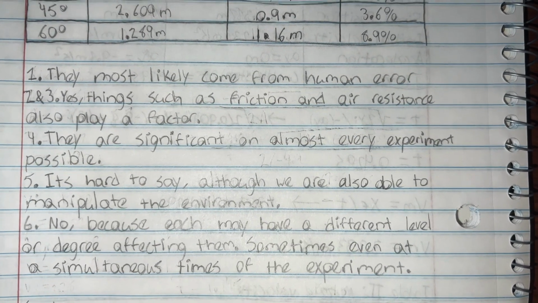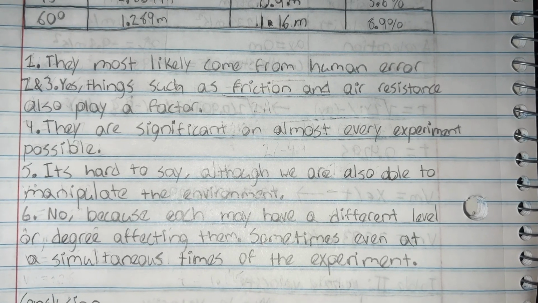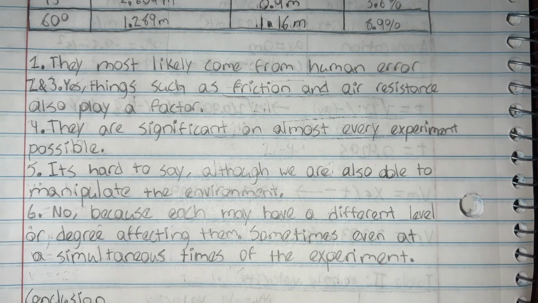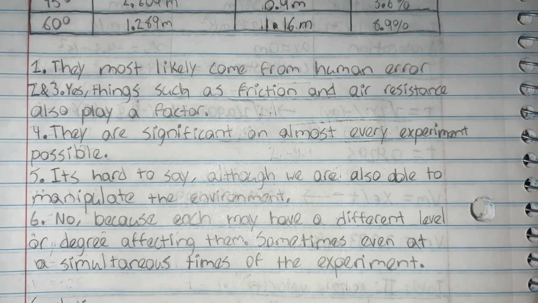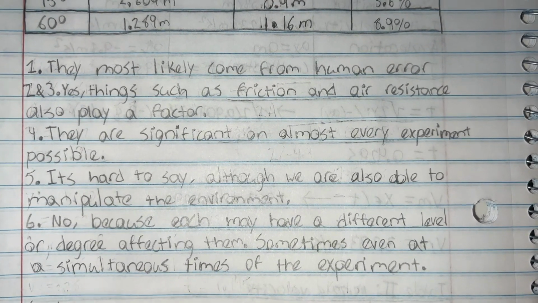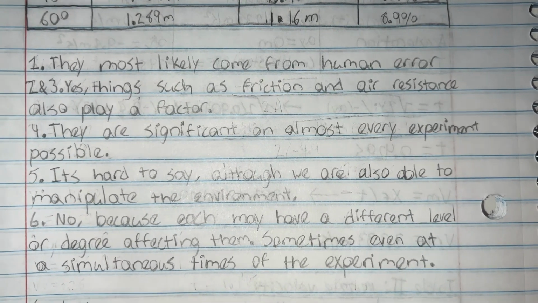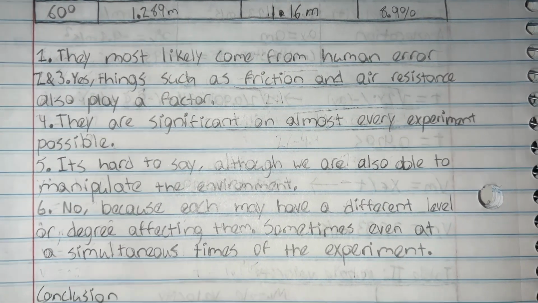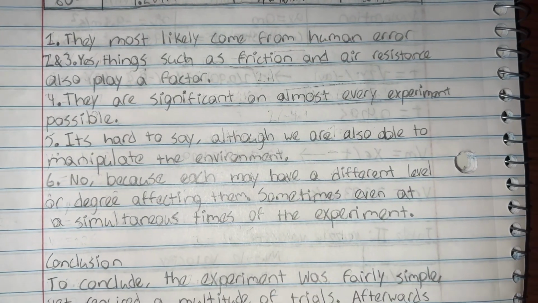Then the next question says, do we think there's a way to minimize it? We said that it's hard to say, although if we have a manipulated environment such as a frictionless surface, or a way to get rid of air resistance, it is possible to minimize it, but it would also have to be a very controlled area to do so.